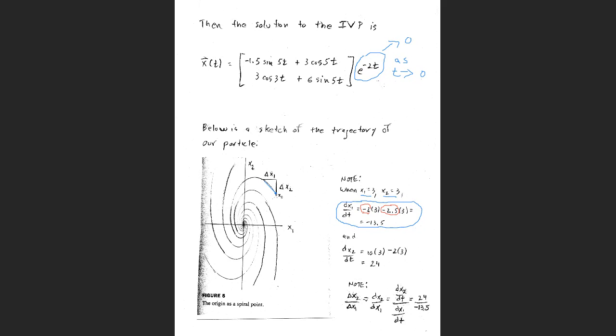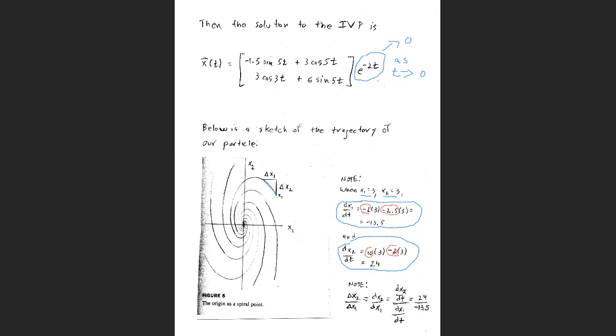For dx2/dt, at (3, 3), dx2/dt equals 24. And again, these values, the 10 and -2, come from the matrix A, and you get 24. So you know the values of the derivatives at that point (3, 3).